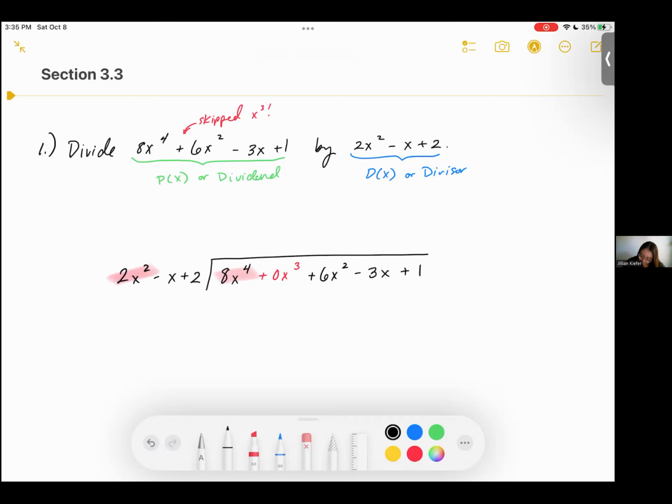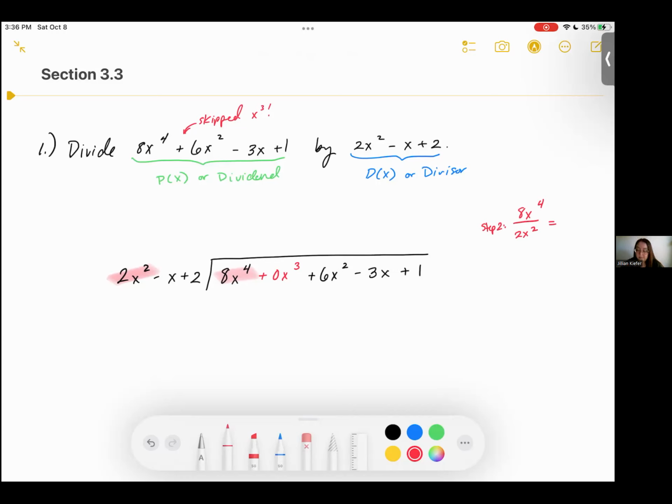So we'll write that just kind of off to the side. So we have, in our case, 8x to the power of 4 divided by 2x squared. And we're going to divide these. This is step 2. There we go. So we can label it. All right, so we're going to divide these terms.